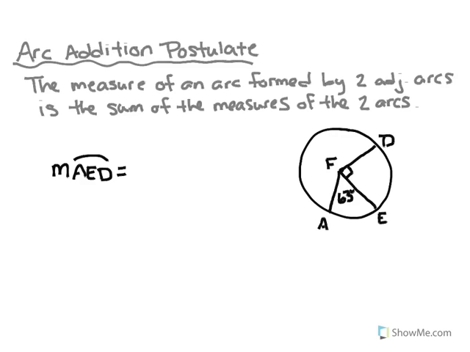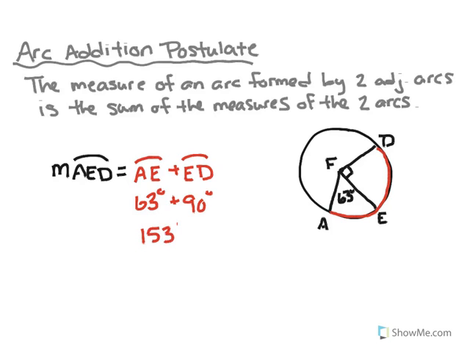So we're going to connect A to E to D. This is made up of the 2 separate arcs, AE and ED. So we could write this as the sum of arc AE plus arc ED. We take the 2 measures individually, which is 63 degrees here, and this looks like a 90-degree angle, and we simply add them up to give us a sum of 153 degrees. And that's really all you need to do for that.